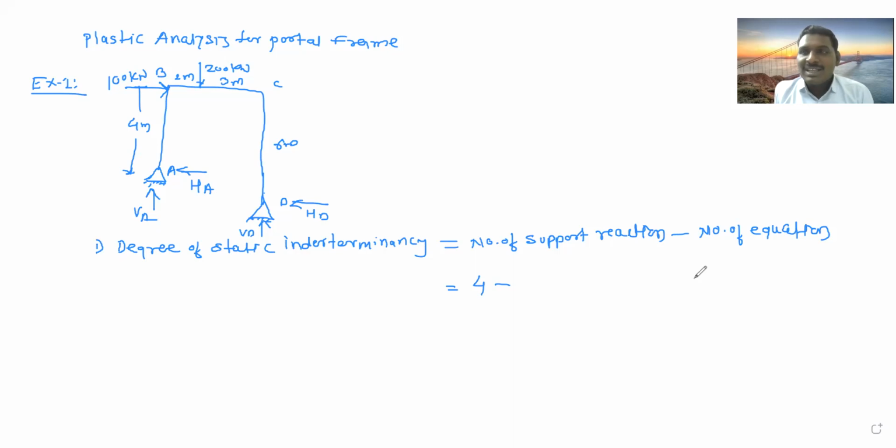What are these 3 equations? Summation of Fy is equal to 0, summation of Fx is equal to 0, and summation of moment is equal to 0.